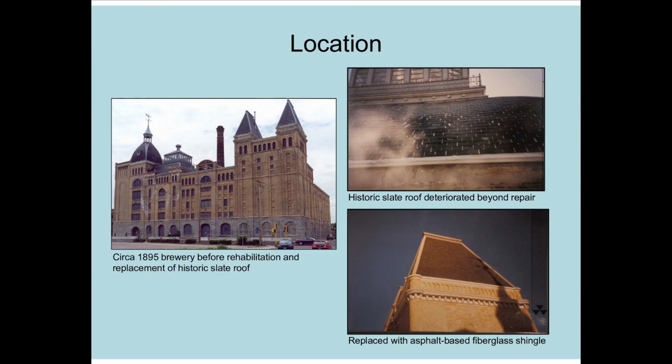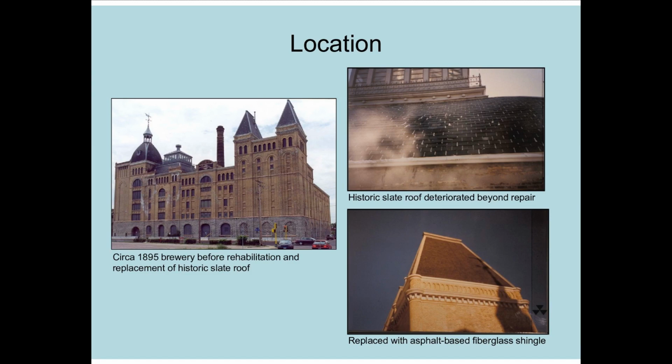After careful inspection, the slate roof of this circa 1895 former brewery was determined to be beyond repair. During rehabilitation, the slate roof was replaced with high quality asphalt based fiberglass shingles. The new asphalt shingles are the same size and color as the original slate and have similar shadow lines.